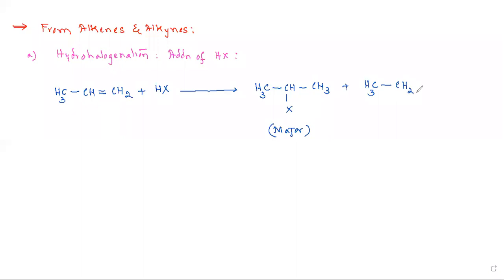N-propyl halide as the minor product. This is according to Markovnikov rule.